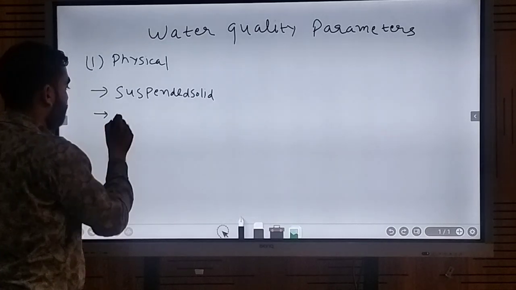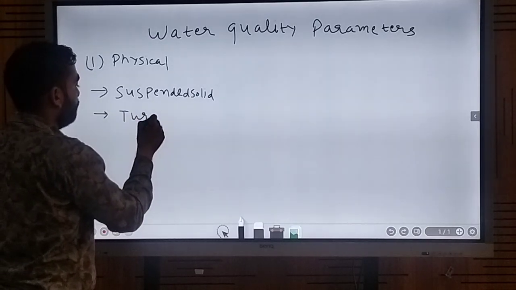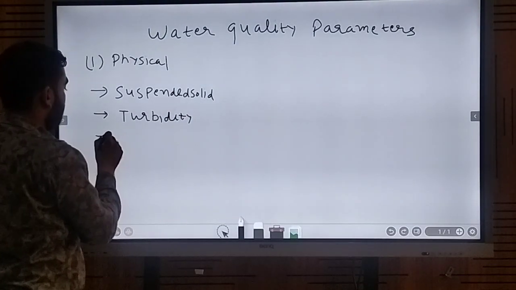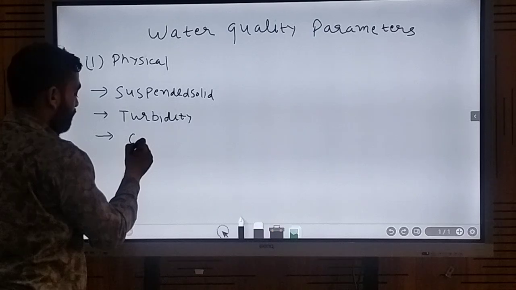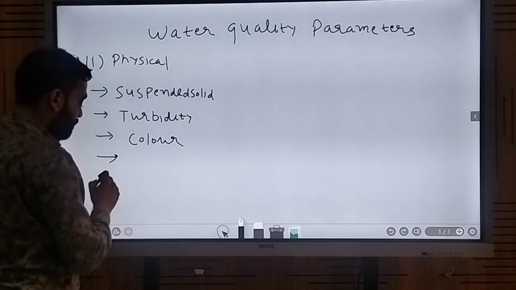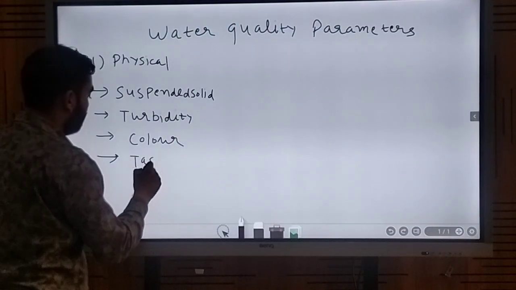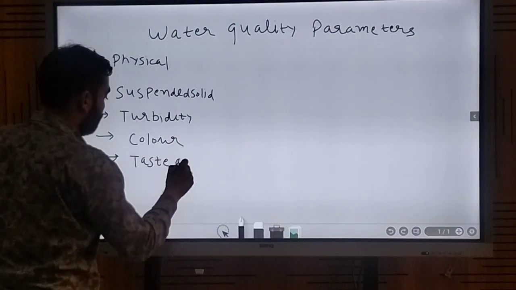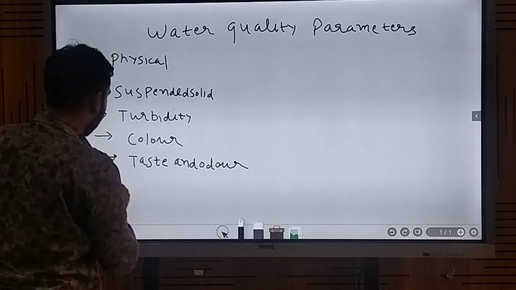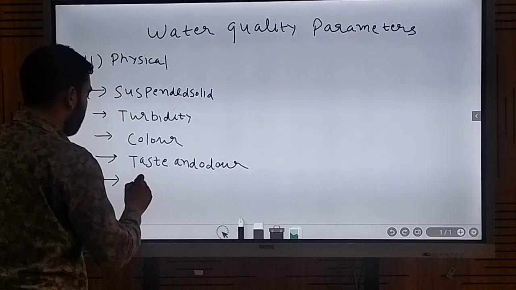Second one, turbidity. Third one, color. Fourth one, taste and odor. Fifth one, temperature.